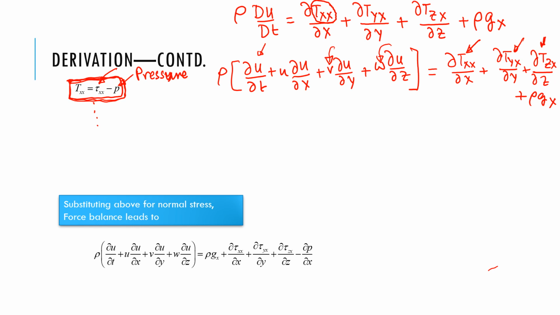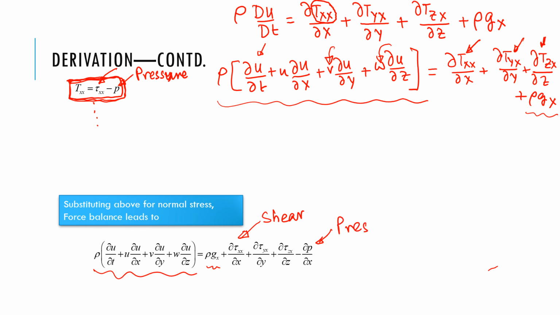So you notice this guy is the same here, and the rho gx is still here. The rest of it is now changed from the surface stress to shear stress, and then we also have brought in pressure. So we are almost done deriving the equations.